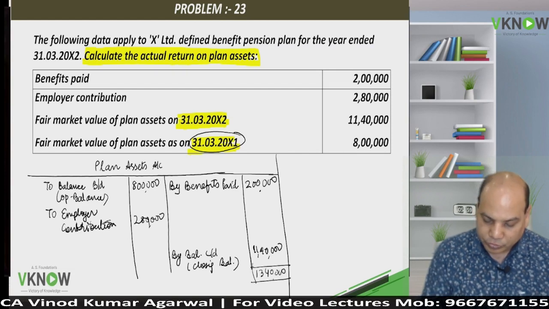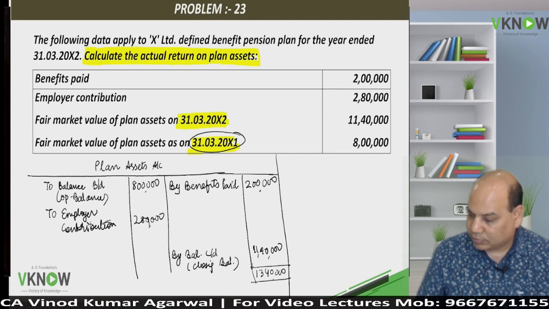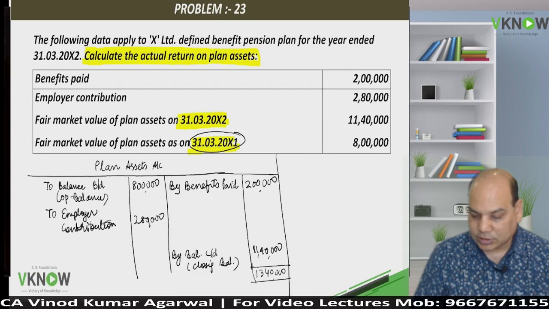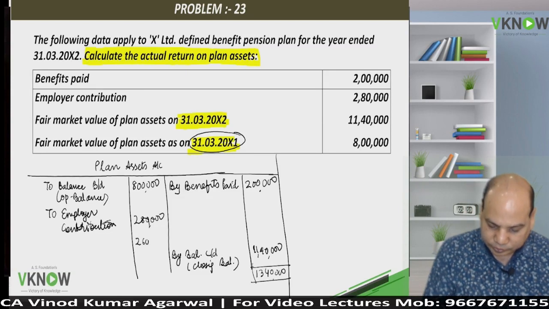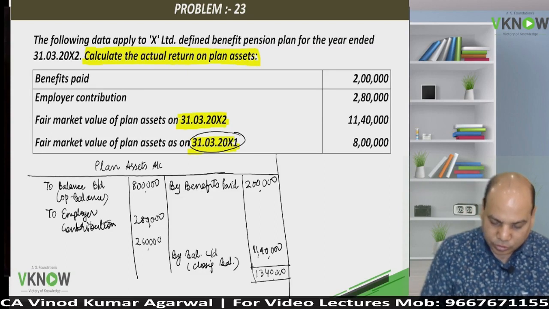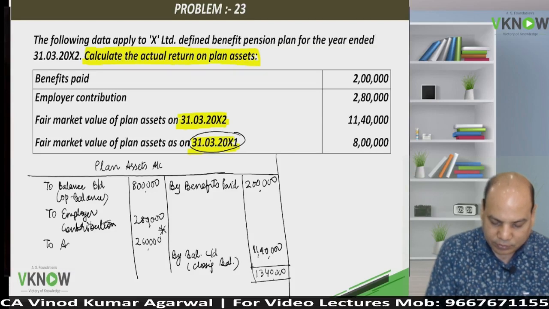13,40,000, and on the debit side 13,40,000 minus 8 lakh minus 2,80,000. So there is a difference of 2,60,000. So this difference is the actual return.